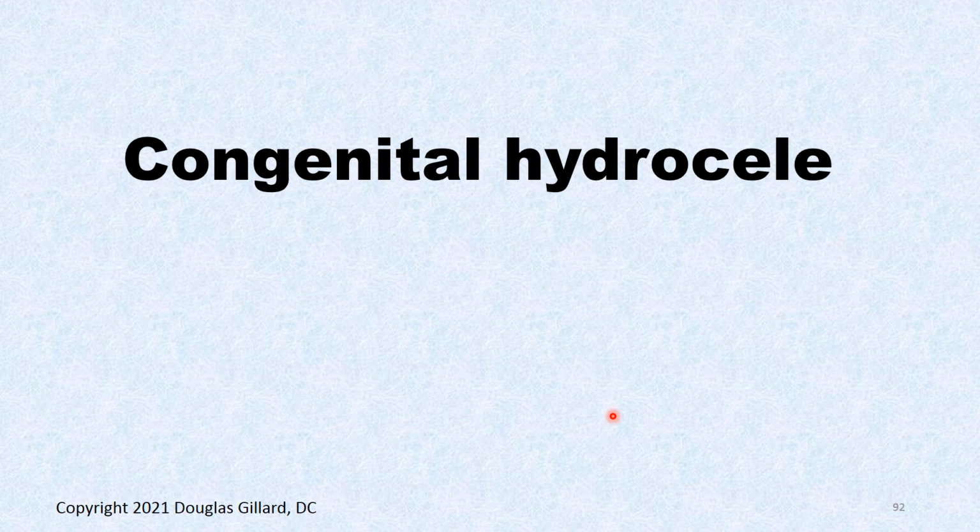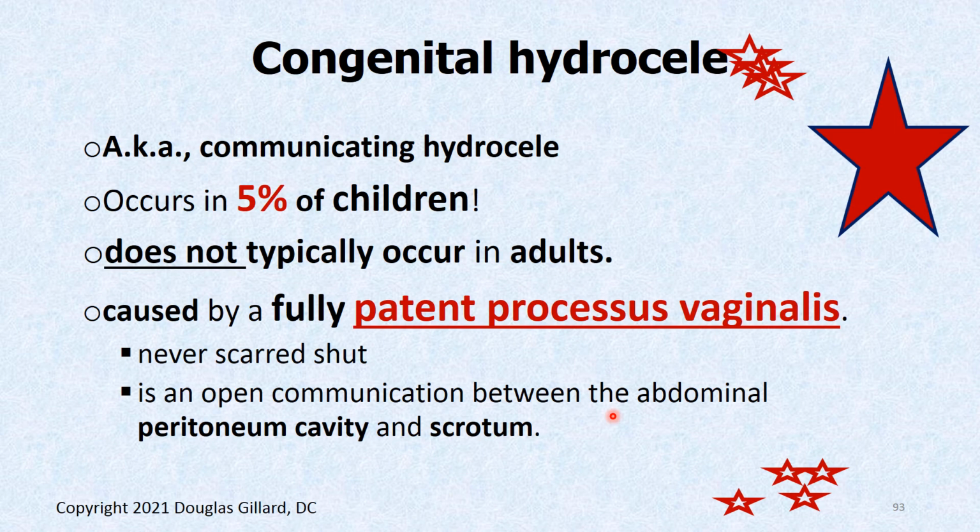All right, now we already talked about congenital hydrocele. Sometimes it's called a communicating hydrocele. Occurs in about 5% of children. And the cause is a patent or persistent processus vaginalis. So that communication between the peritoneal cavity and the tunica vaginalis cavity is open.